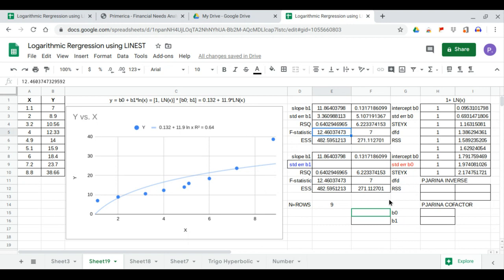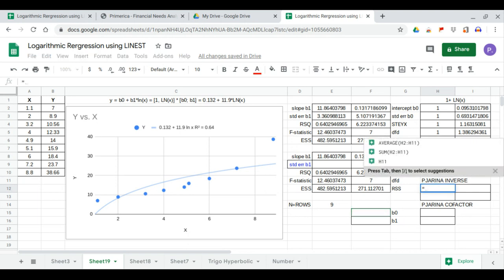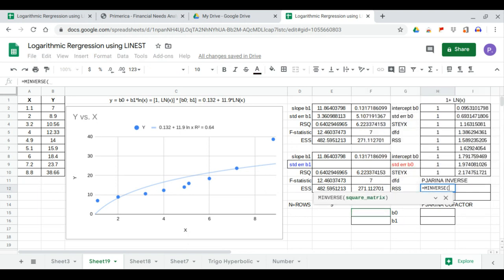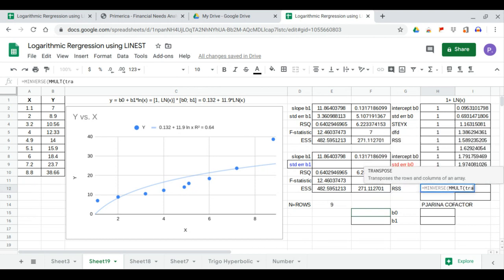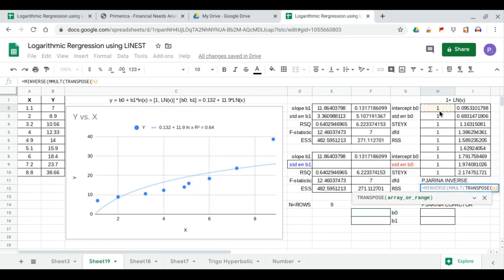Now we'll calculate the last two, the standard error value estimates. We start with the inverse matrix, which is MINVERSE of MMULT of the transpose of the 1 ln x matrix and itself.